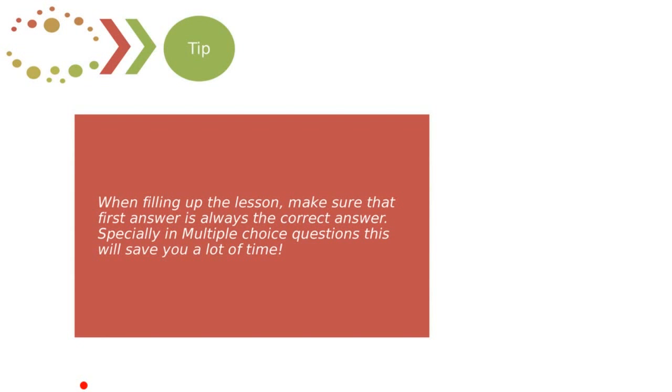This is how the lesson is made in Moodle. So keep this. It will save you a lot of time. The first answer, make it the right answer. You won't need to change the grading. You won't need to change the jump if you follow this basic rule.